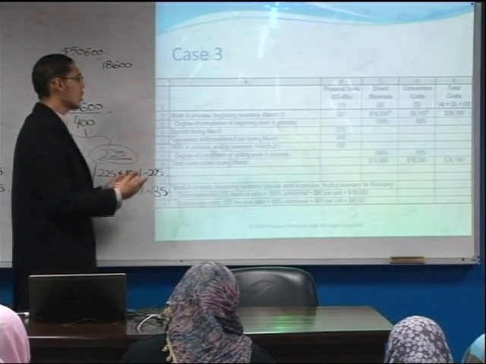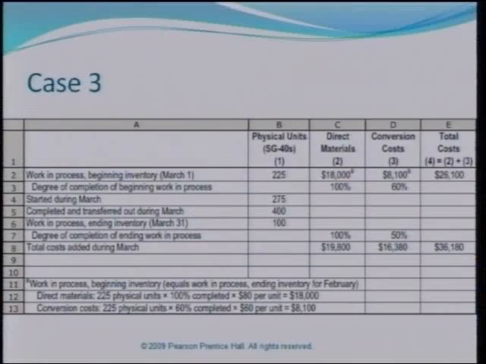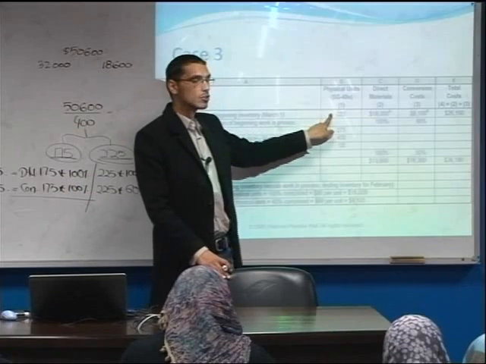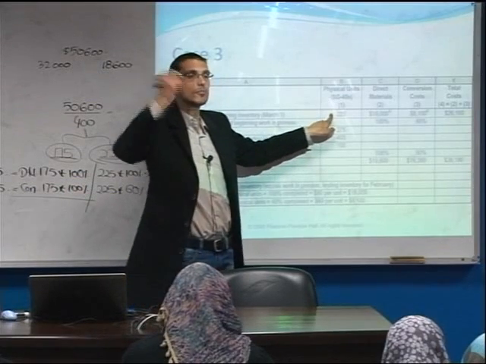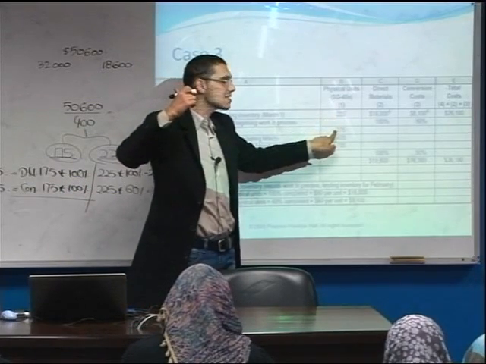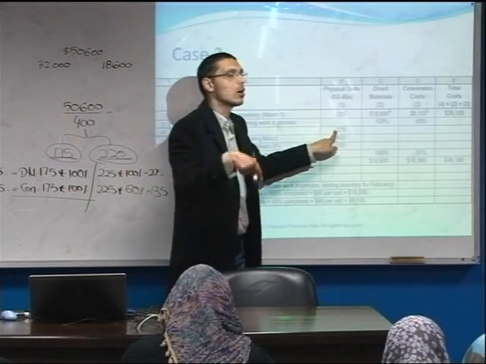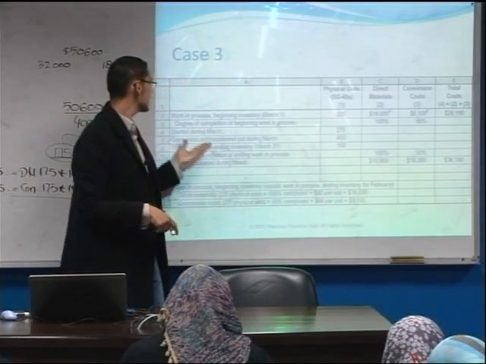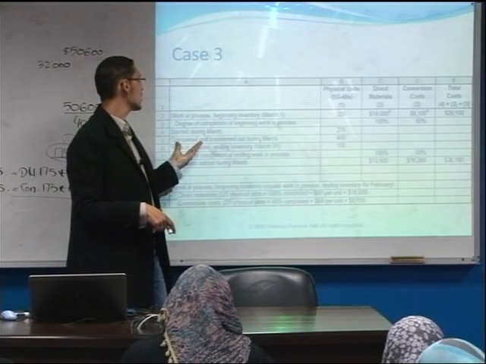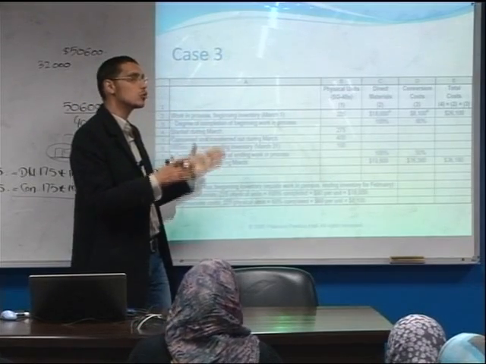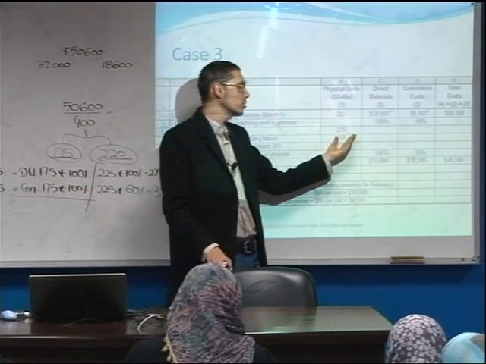Of course, according to our example, they said that 275 units were started within March. Therefore, we had 225 that were started in February and 275 that were started within March. They said that the number of units completed and transferred out during March was 400 units.